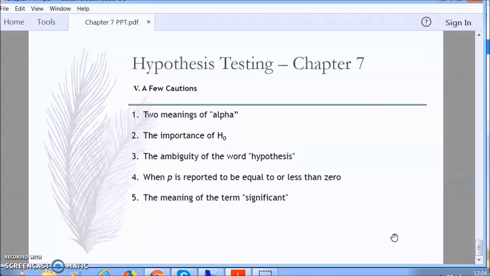Another caution is the ambiguity of the word hypothesis. When we talk about the word hypothesis, it is spoken of like a hunch. So, research hypothesis. If you look at page number 157, the excerpt 7.31, you see H2A was rejected while H2B was accepted.